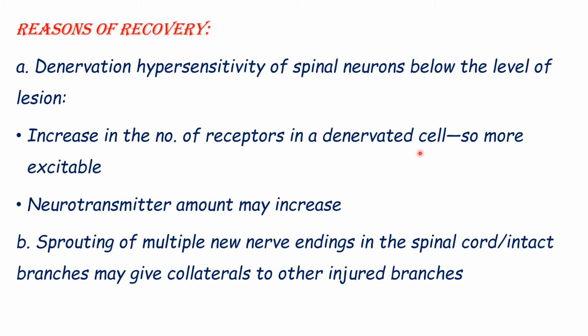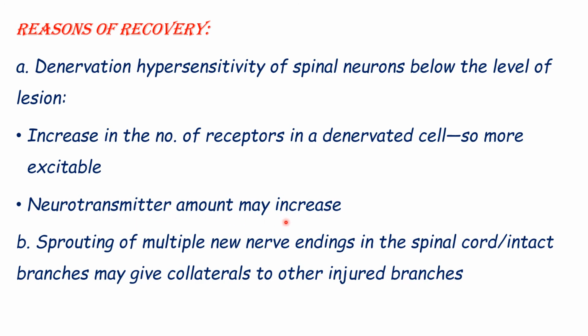As the spinal neurons lose their source of facilitatory impulses from higher centers, they start increasing their own natural degree of excitability to make up for their loss. So there occurs an increase in the number of receptors in the denervated cells, and they become more excitable now. The neurotransmitter amount may also increase.